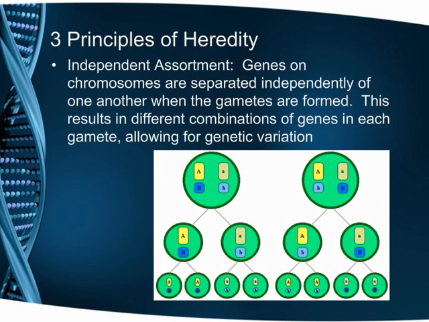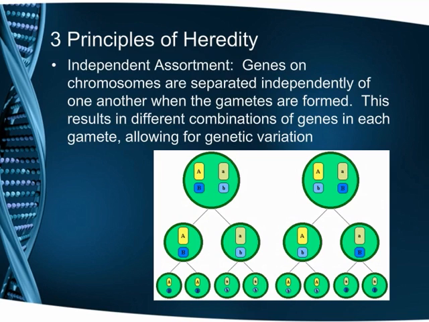Now let's look at the second parent cell, where they have the same letters, but they're arranged in a different order. There is a big A and a little a, then a little b and a big B. It's the same letters as in the first parent, but they've lined up in a different order.